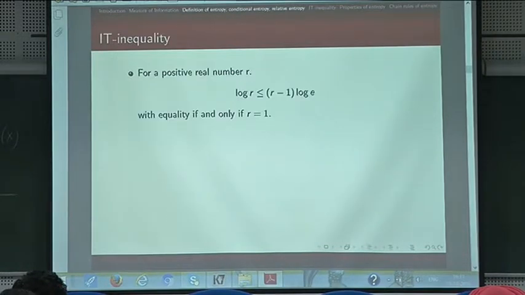thoughts about uncertainty. Now, this is a very useful, very productive, very popular inequality used across information theory. It says that if you have any positive real number r, then log of r is always upper bounded by (r minus 1) log of e.